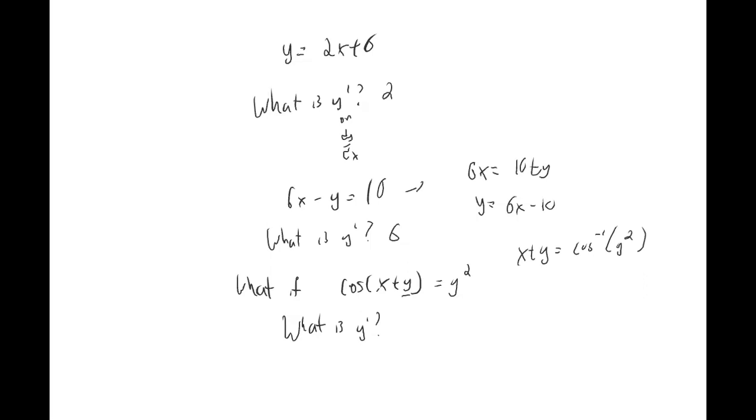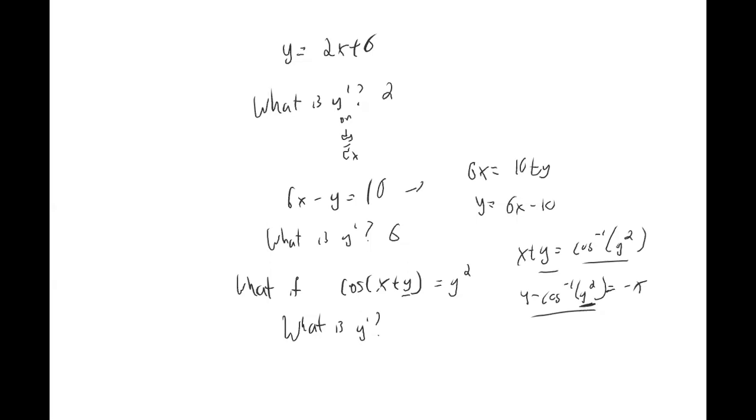Well, I need to somehow combine these terms. Like y minus cosine inverse of y squared negative x. Now, how can I write this as y equals something? It's kind of hard, because to get this y squared out, you need to take cosine again, and you're basically going in a circle.